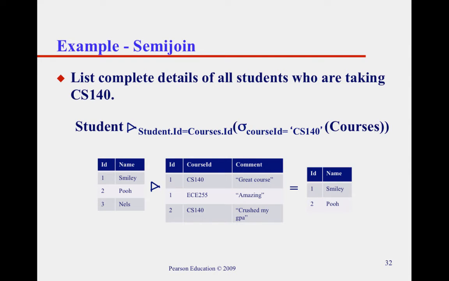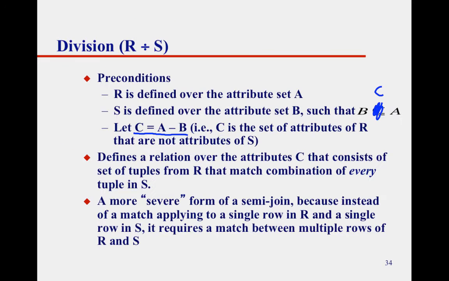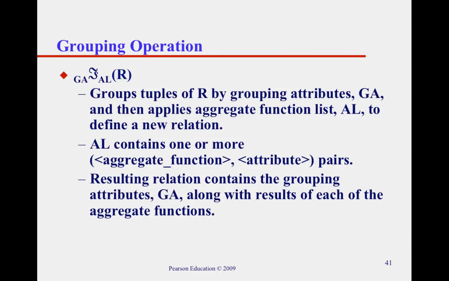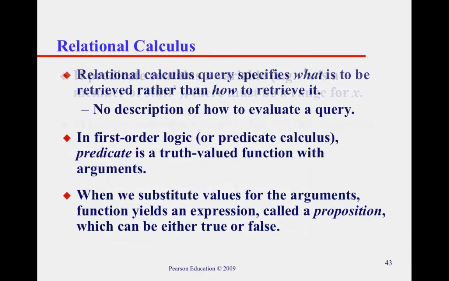I could have done the semi-join first and then done the selection. So relational algebra is very procedural. It's essentially saying do the operations in a specific order. The relational calculus, higher level, it's only saying what you want.